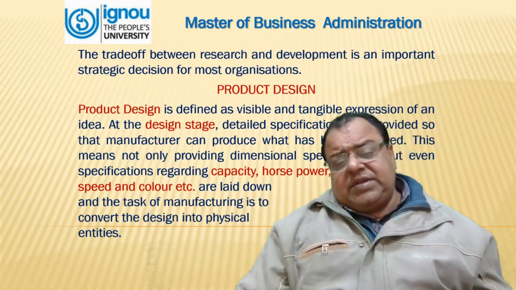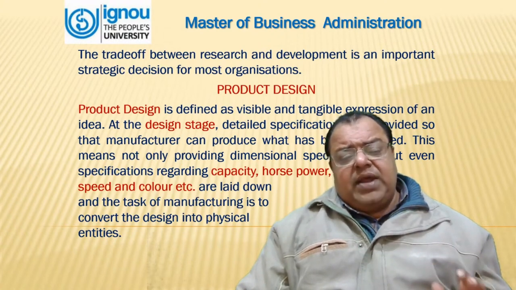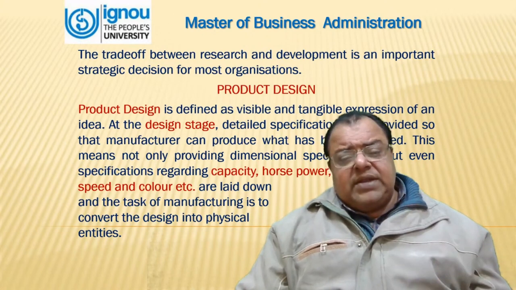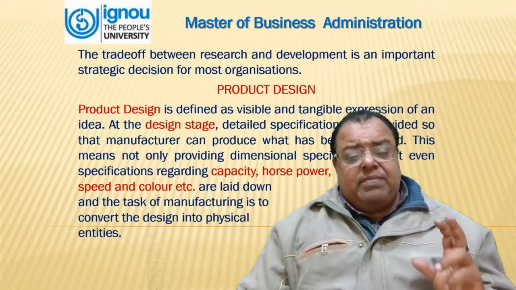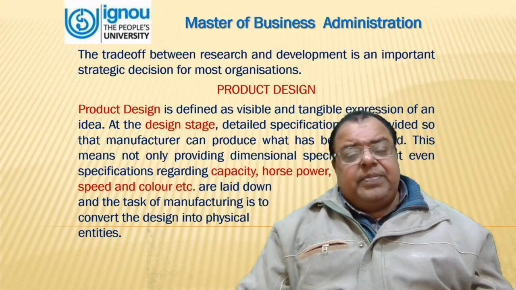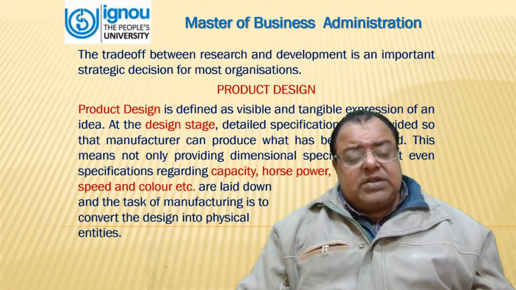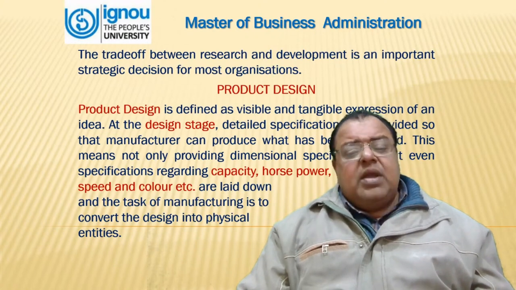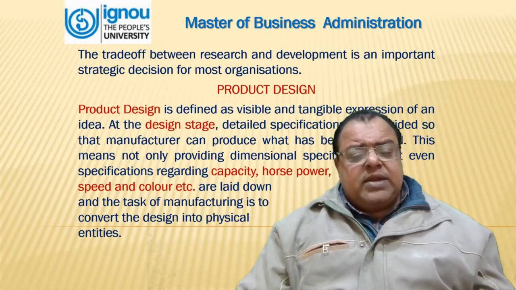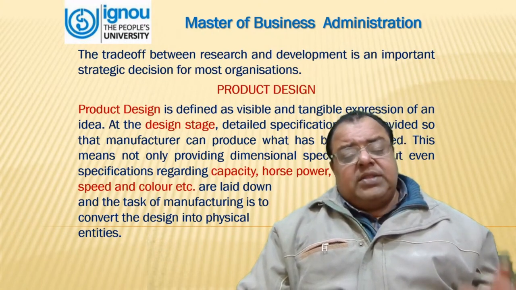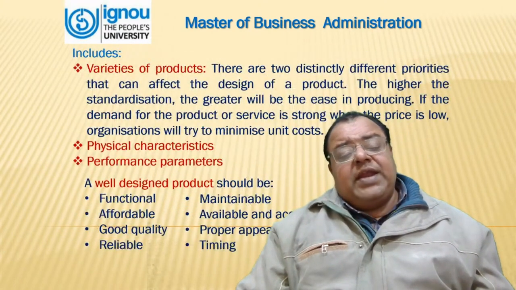Product design. This is defined as visible and tangible expression of an idea. At the design stage, detailed specifications are provided so that manufacturers can produce what has been designed. This means not only providing dimensional specifications, but even specifications regarding the capacity, horsepower, speed, and color, etc. are laid down, and the task of the manufacturing process is to convert the design into physical entities, which includes a variety of products.